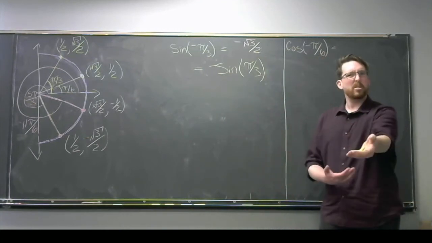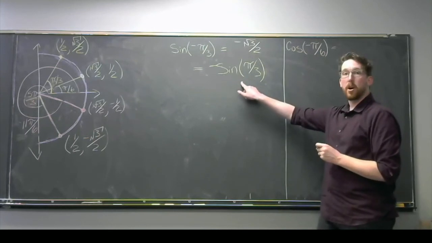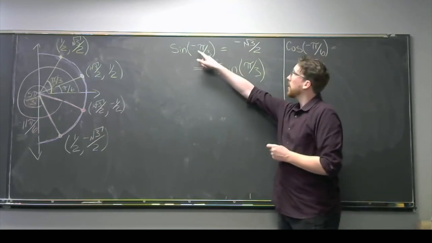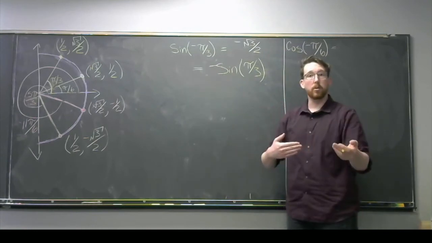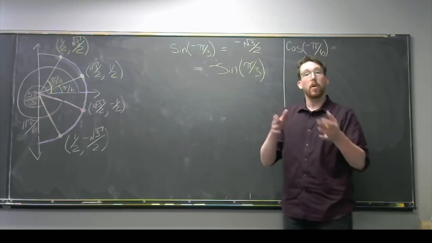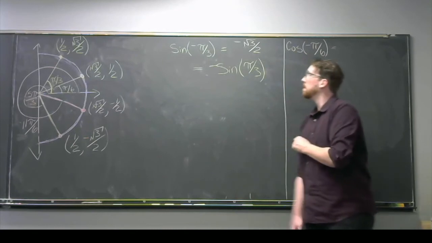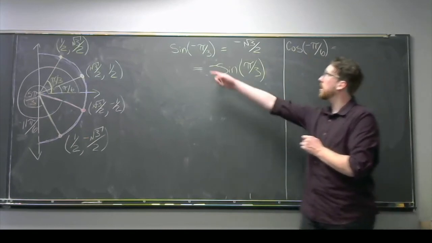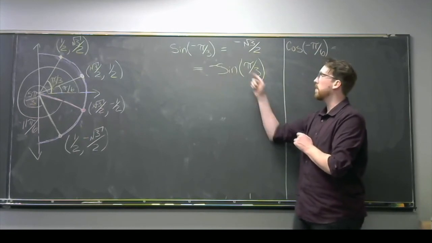Right? Because we just said sine was odd. And this is what it means to be an odd function. The function of a negative variable is equal to the negative of the function applied to the variable. So the sine of negative pi over 3 is equal to negative sine of pi over 3.